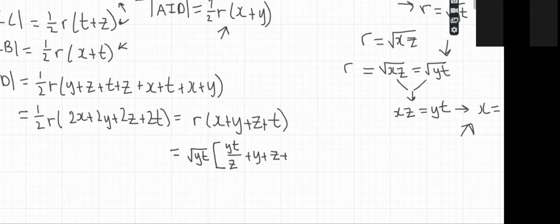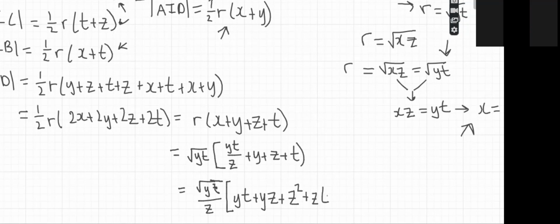So now we will have this as our area of the quadrilateral, and we can take a factor of 1 over z out. Okay, and we'll get this.